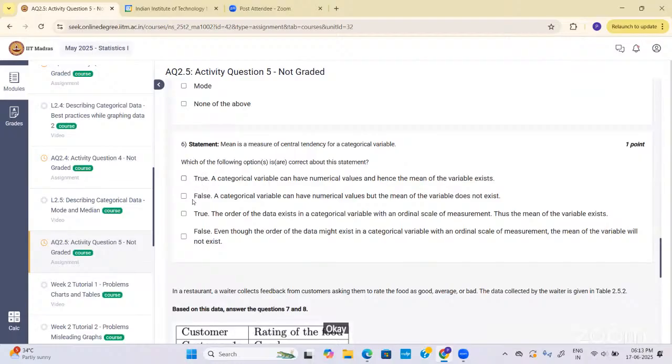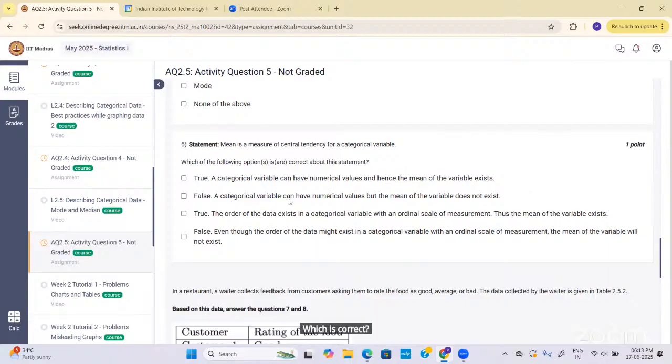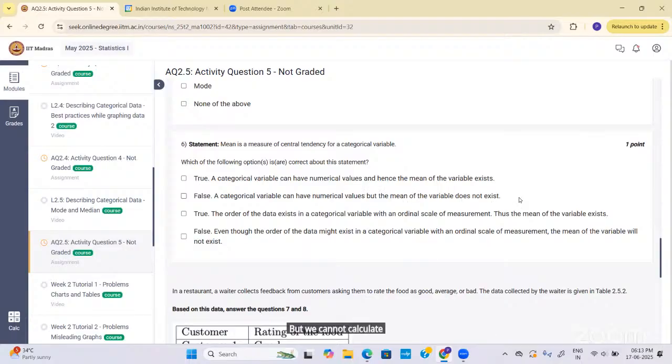The second option says the statement is false and gives a reason: a categorical variable can have numerical values, but the mean of the variable does not exist. That is correct. You can assign numbers to your categories just for labeling, but we cannot calculate the mean. The third option says the statement is true, so it is not correct.